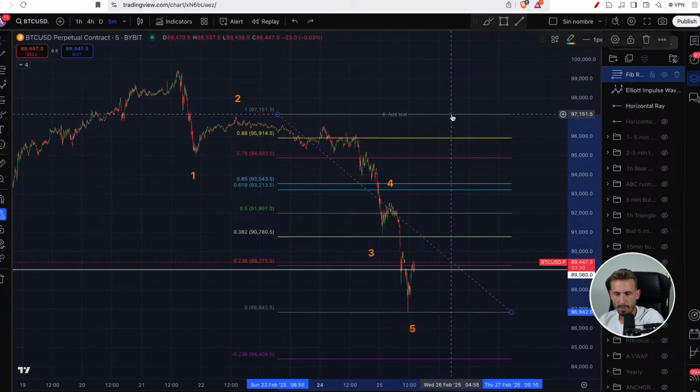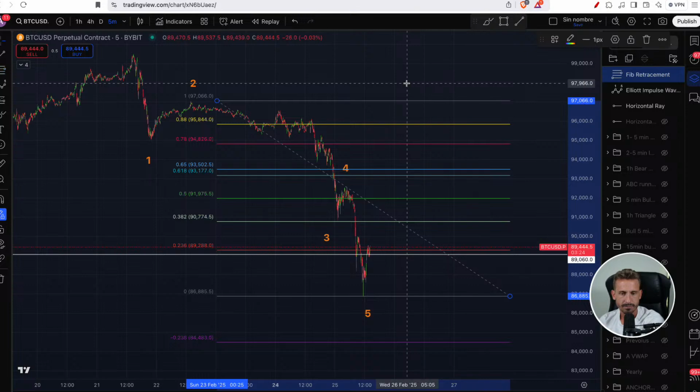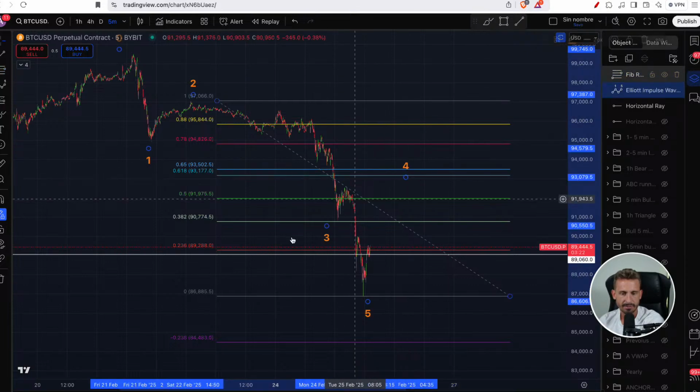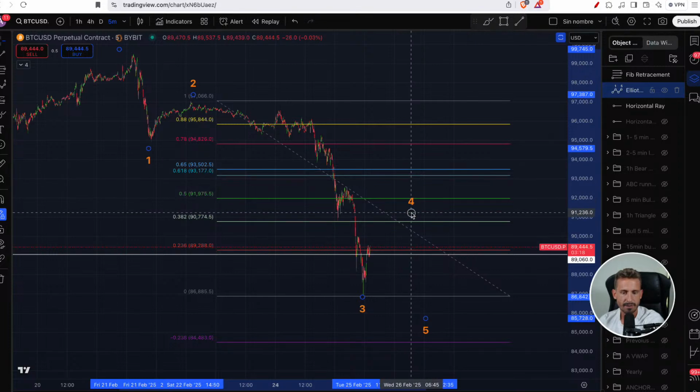So as we do come up here, maybe to the 382, remember we are considering possibly that you are in the formation of a wave 4 still.